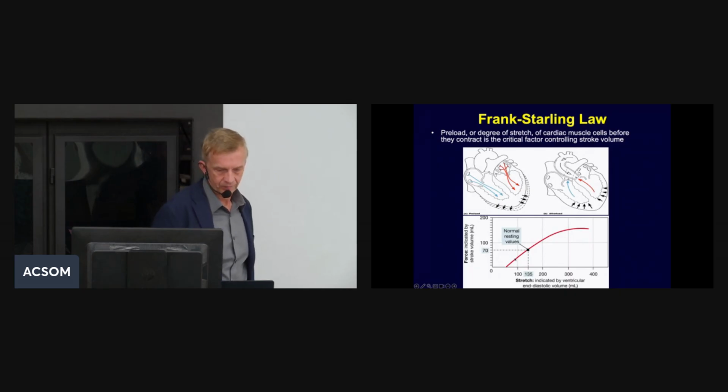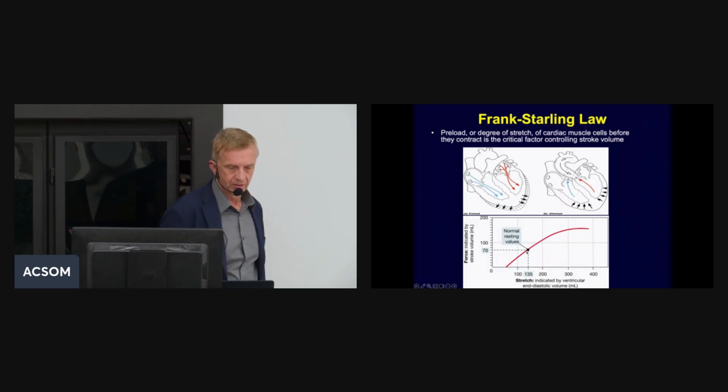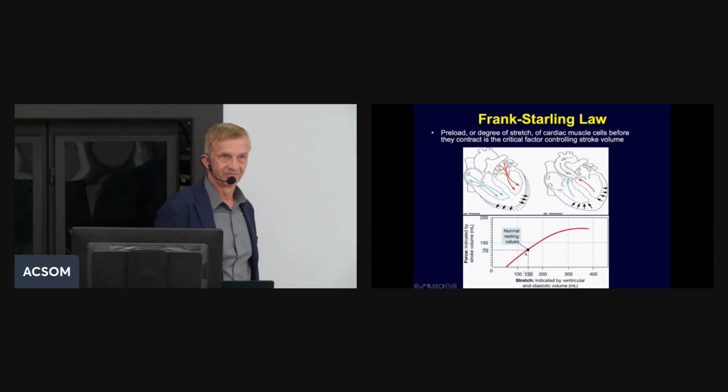So the increased stretch, which is indicated by the end diastolic volume, is increased by preload. It increases the stroke volume, right? Increases the contraction, until the point when there is a plateau phase at the end.